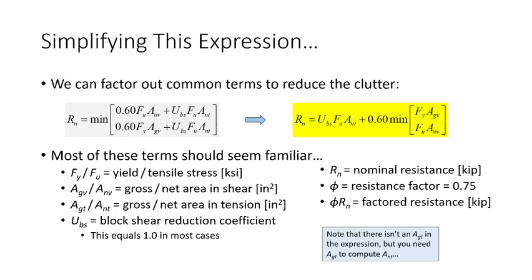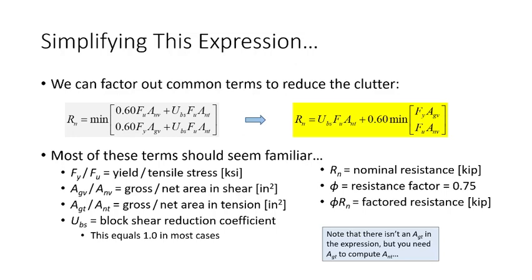They are found the same way that we find gross and net areas for a member in general. We'll get to how we actually compute those in a bit; that'll probably be more of a discussion for the next lecture. This isn't going to be on your homework that's due after the next lecture, so don't worry about that.